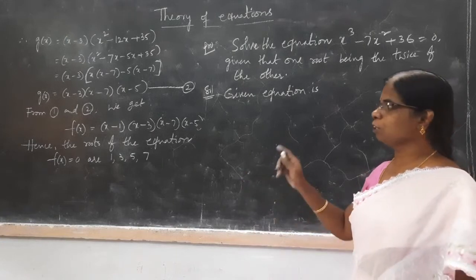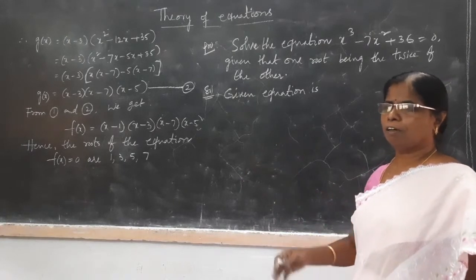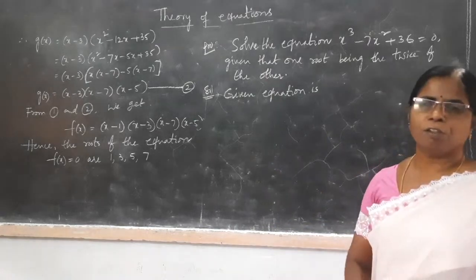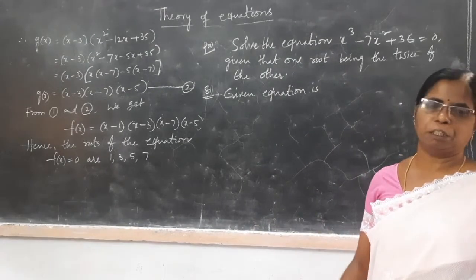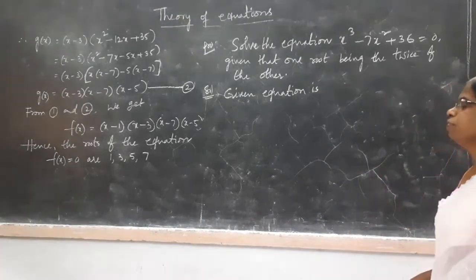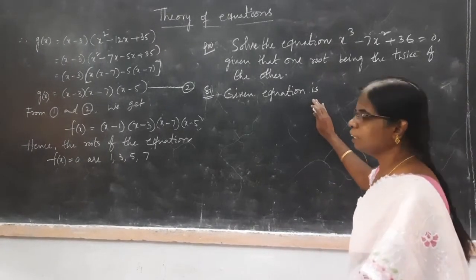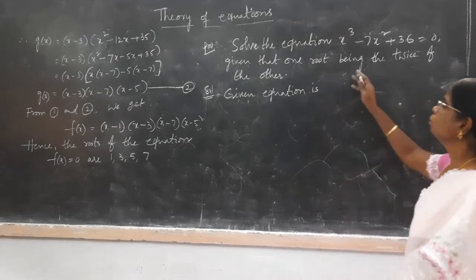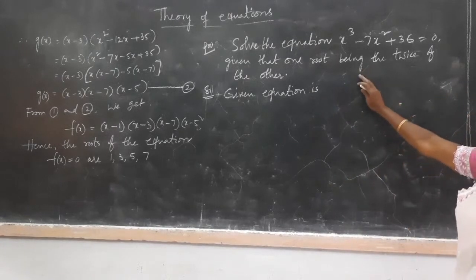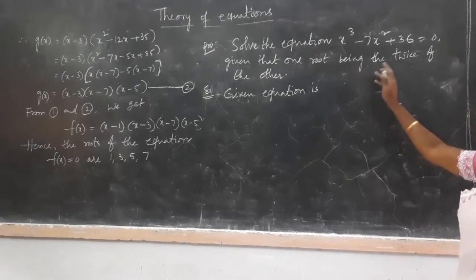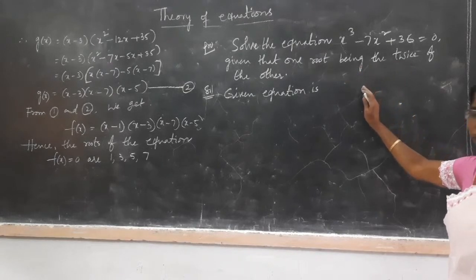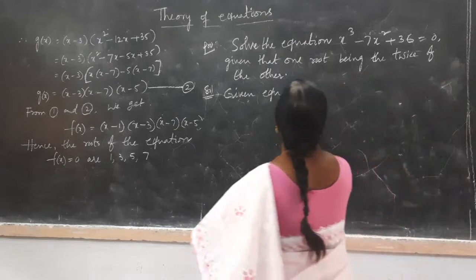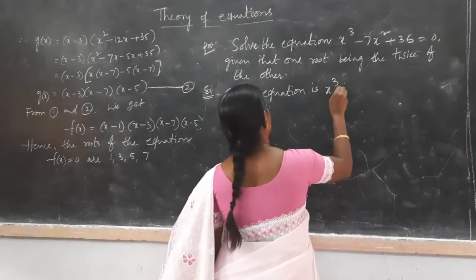Sometimes it is not possible to find a root of a given polynomial equation by using the inspection method. So if that is the situation, and a relation between two roots is given like this, then it is very easy to find the roots of the given polynomial equation. Okay, see here.